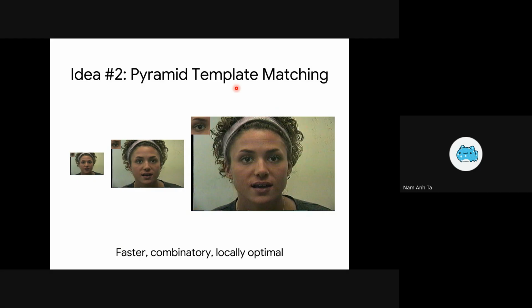Then we start matching at the lowest resolution, the coarse level, to find an approximate location. Then we gradually move to higher resolutions, the fine levels, to refine the position. The benefit is that this is much faster and avoids local minima while still maintaining accuracy.